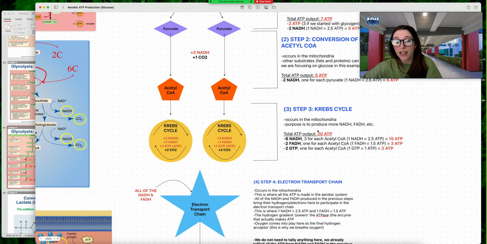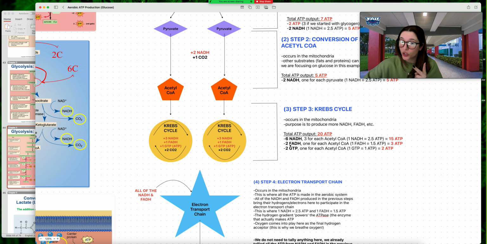So what is our net total ATP from step 3? Well, we gotta tally all this stuff up here. We have a total of 6 NADH, right? 3 for each molecule of acetyl-CoA. But we know that 1 NADH is equal to 2.5. So the 6 NADH is actually equal to 15 ATPs. We produced 2 molecules of FADH, 1 for each turn of the Krebs cycle, and 1 FADH molecule equals 1.5 ATPs.